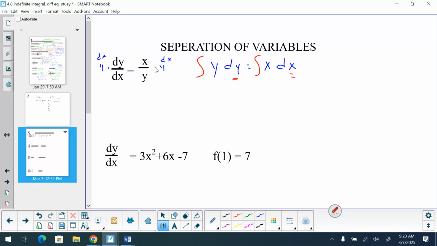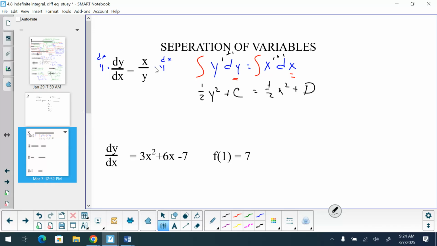My differential will tell me that. Our exponents are 1, so we add 1 to each. We're left with 1/2 y squared plus c is equal to 1/2 x squared plus some other constant d. We don't know what these numbers are, but we just have to add them in.